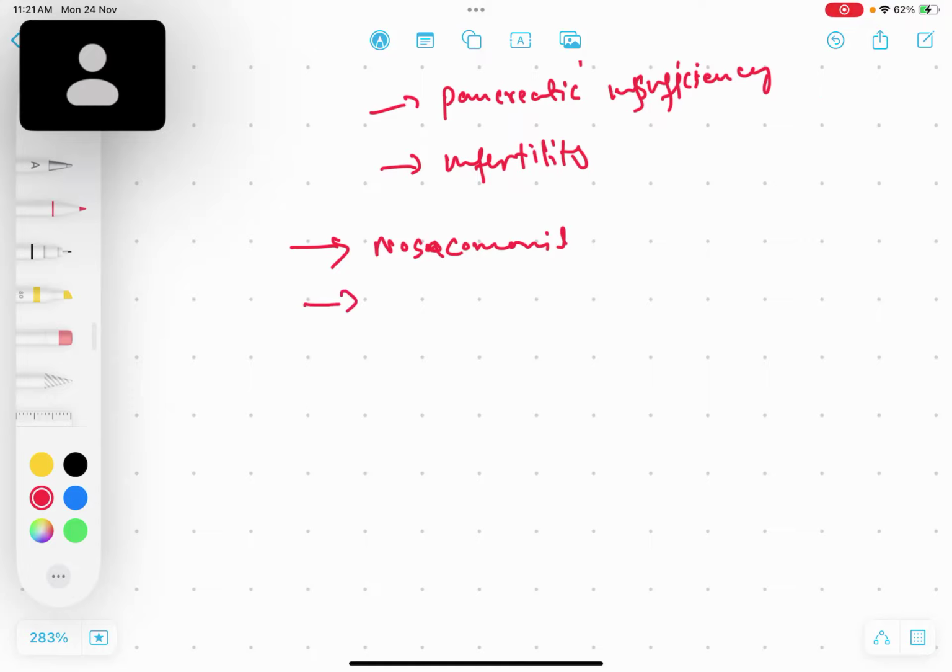Okay, it also causes osteomyelitis, especially in people who are diabetic, or in IV drug users.